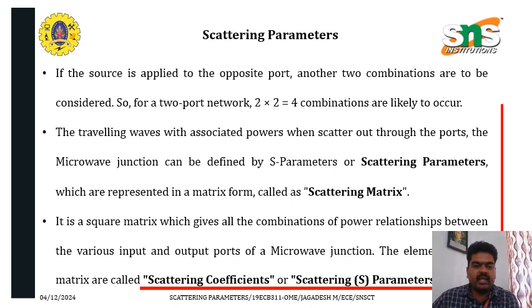It is a square matrix which gives all the combinations of power relationship between the various input and output ports of microwave junctions. These matrix elements are called scattering coefficients, scattering parameters or S parameters.